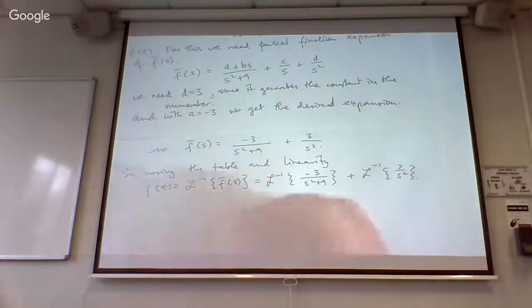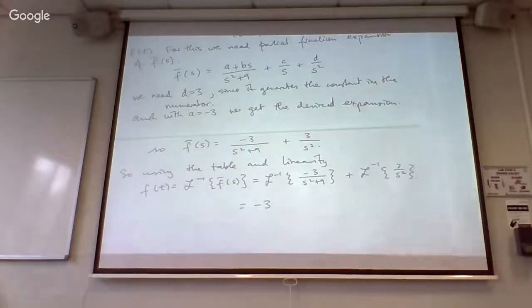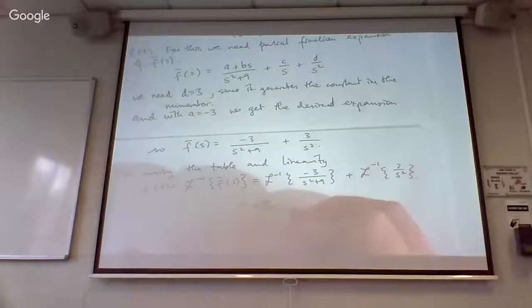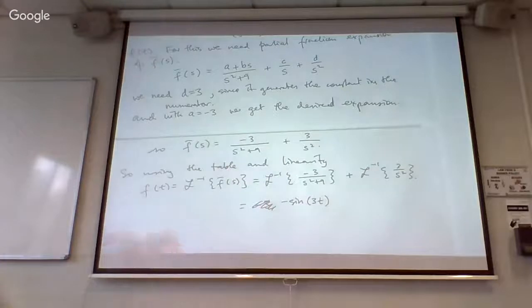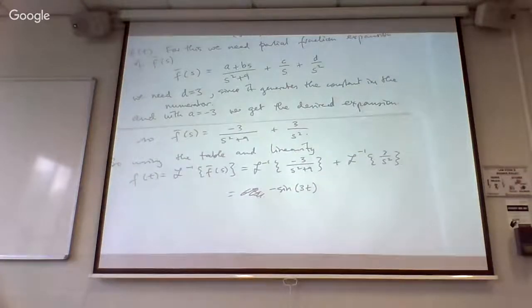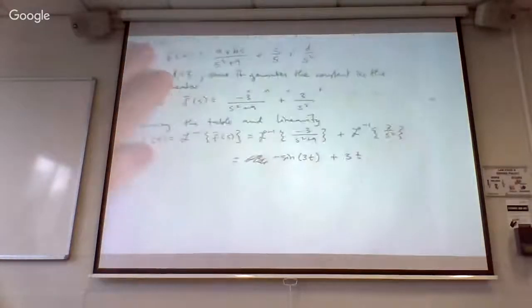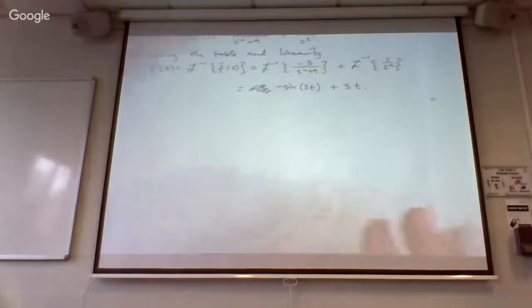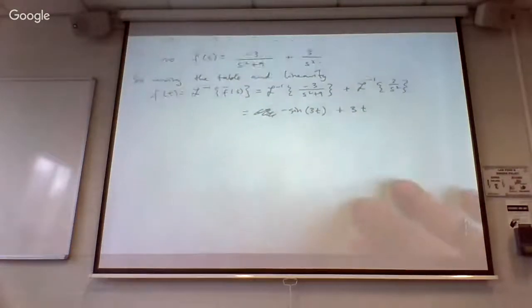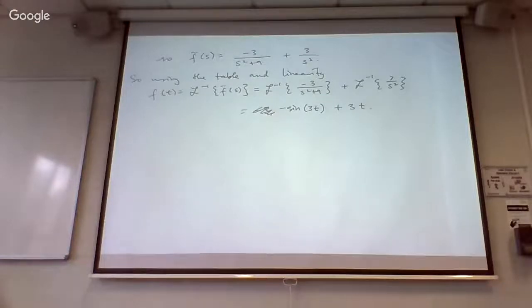I should take the 3's outside there, but it's minus 3, so 1 over s squared plus something, what's that? Oh no, I need omega over s squared plus omega squared, so that's a sine of omega t, so sine of 3t. There's a minus sign, so it's minus the sine of 3t, is that right? And the 3 over s squared, that's plus 3t. Okay, so that's the f of t quantity.